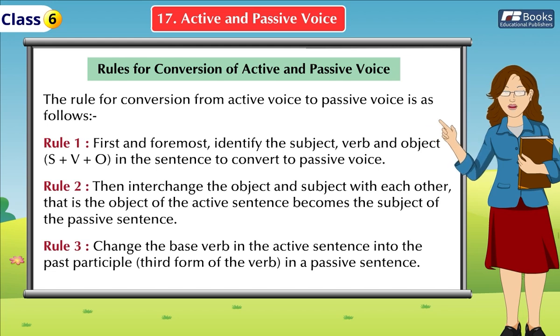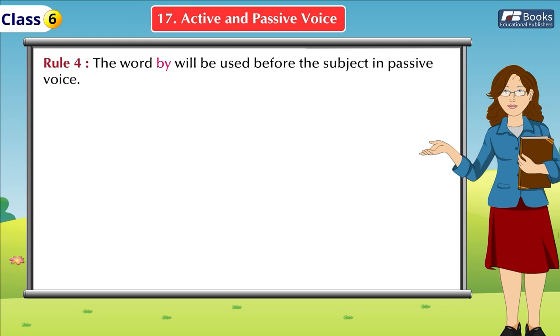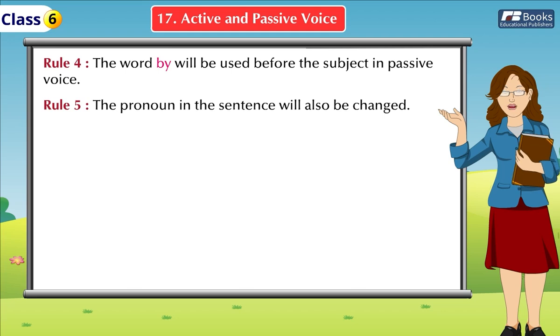Rule 3: Change the base verb in the active sentence into the past participle, the third form of the verb, in a passive sentence. Rule 4: The word by will be used before the subject in passive voice. Rule 5: The pronoun in the sentence will also be changed.